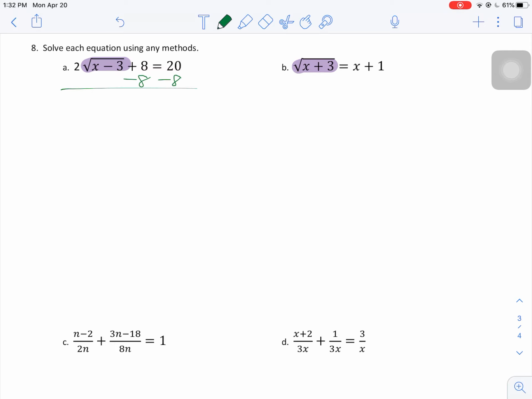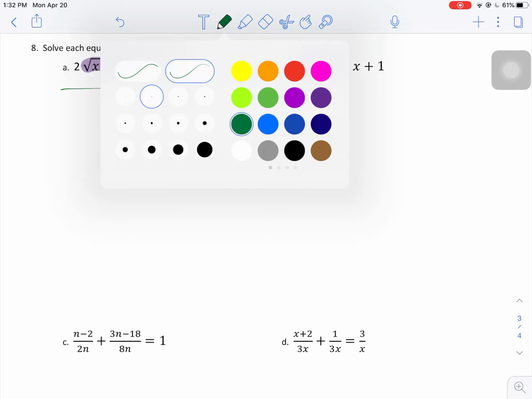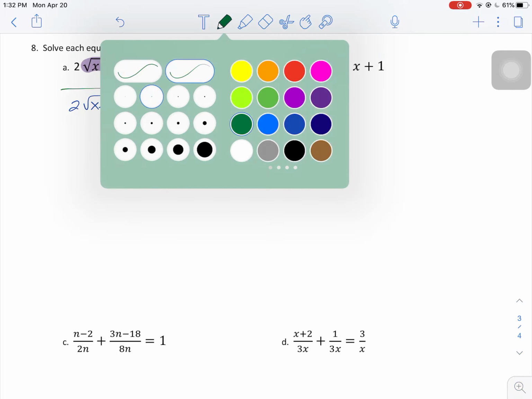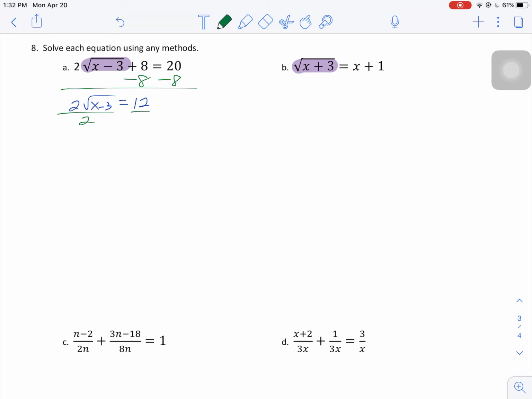So I have to subtract 8 from both sides first before I do anything else. So I get 2 times square root of x minus 3 equals 12. And then I want to get rid of that 2 that's being multiplied. So to undo multiplication, do division. So then you get square root of x minus 3 equals 6.